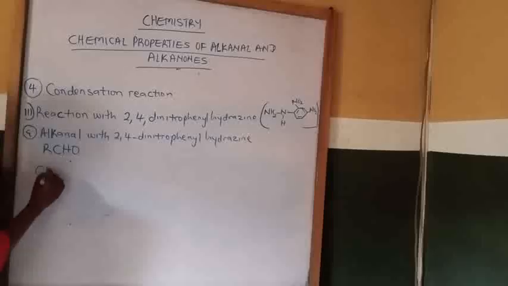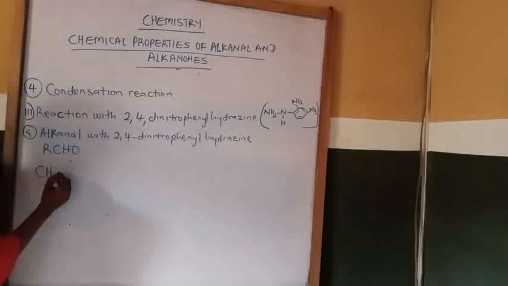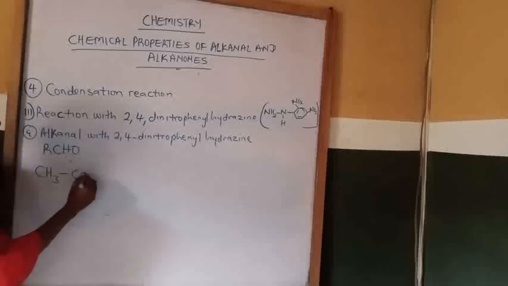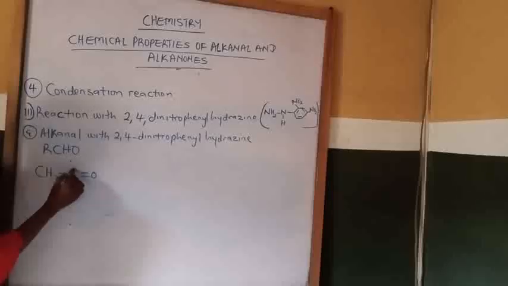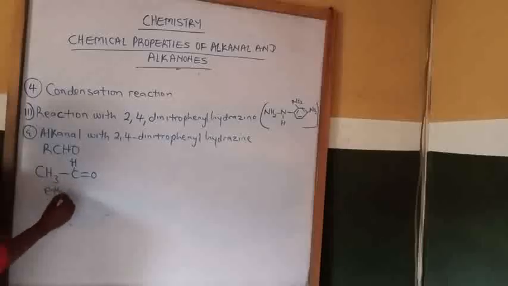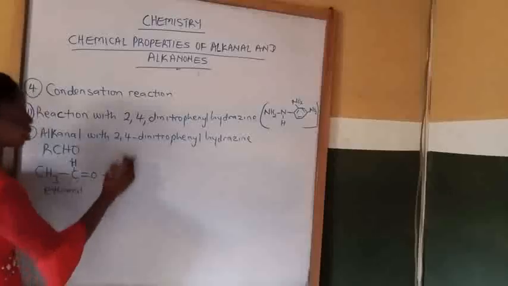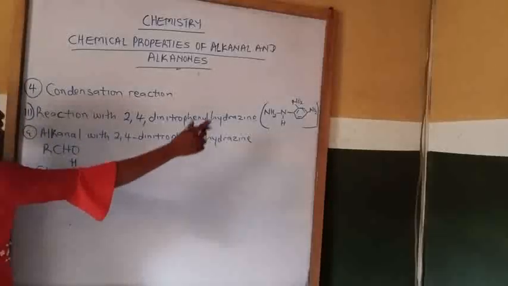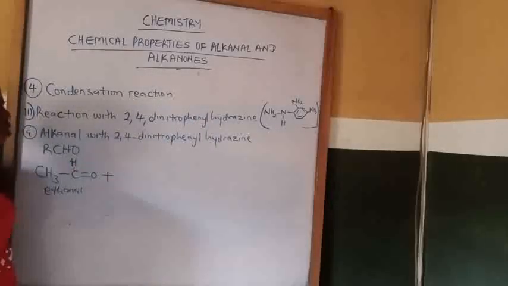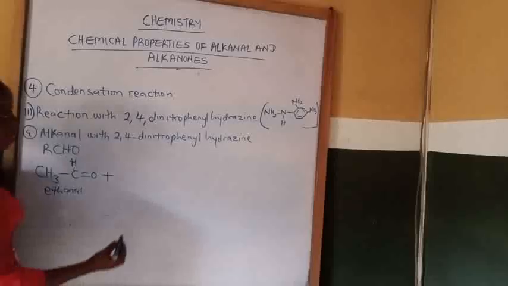Then let me use CH3. CH3 is an alkyl group. So I've replaced R with CH3, then followed by C double bond O and what? And H. So this is what? Ethanal. This is ethanal. So reaction between ethanal and 2,4-dinitrovinyl hydrazine. So let's bring the structure of 2,4-dinitrovinyl hydrazine in.